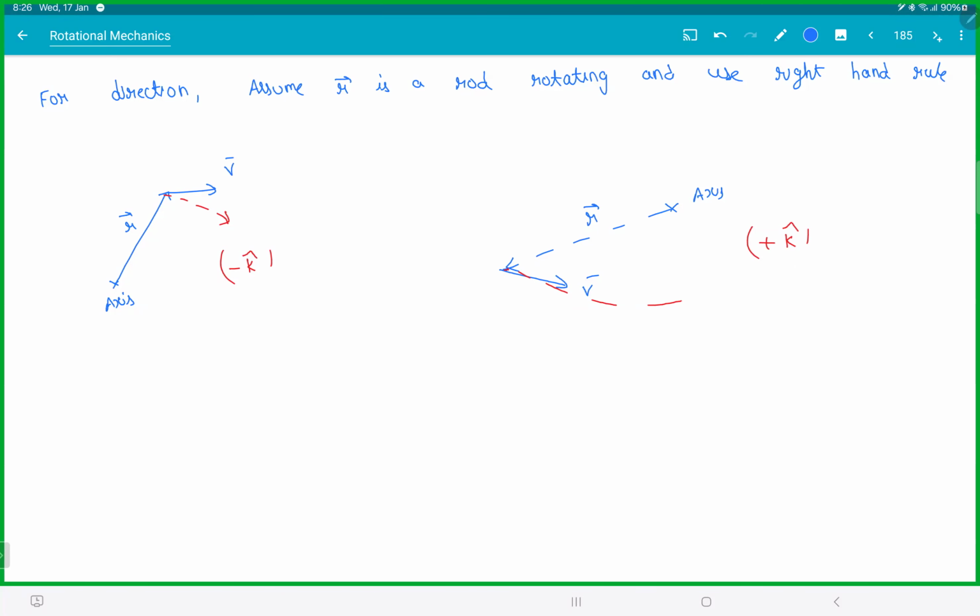That's how you find the magnitude and the direction. Clear? Let's see a question.